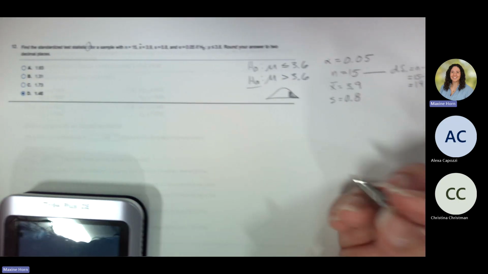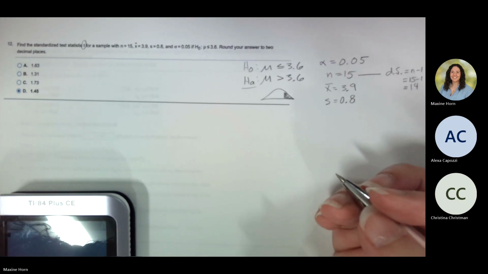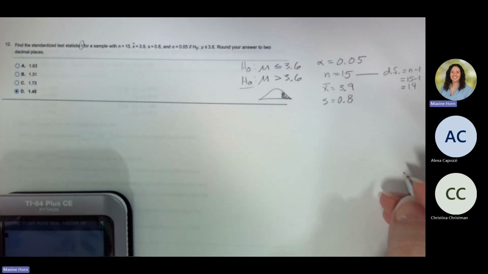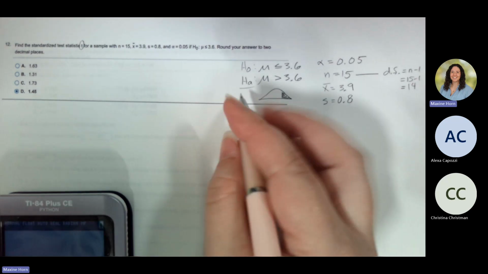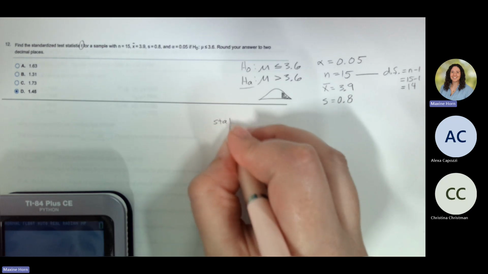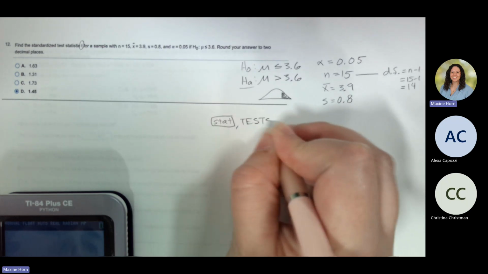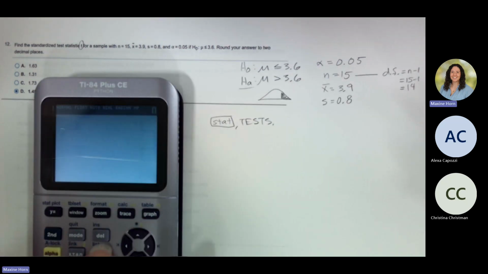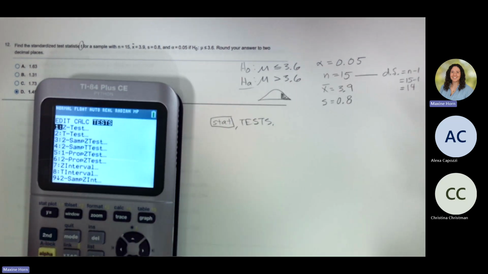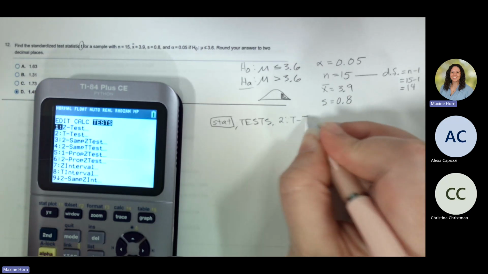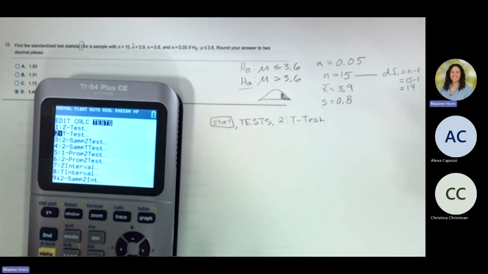Very similar to what we have been doing, we're going to go to stat, and we're going to go to tests. We go stat, tests, but instead of number 1, we're going to go number 2. This is a t-test.